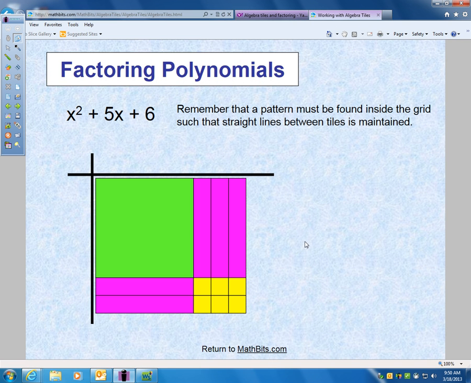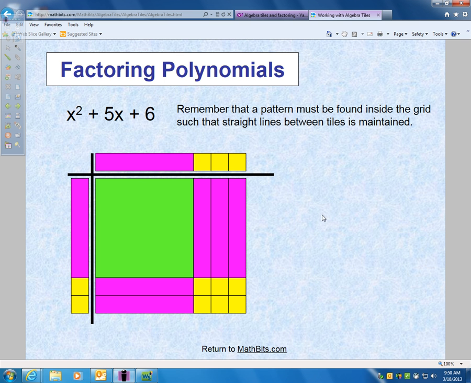As you can see, I need x plus 2 here, x and 2, and up here I need x plus 3. So the proper factoring here, my pen wasn't responding, there we go, would be x plus 2 times x plus 3. You can see it, x plus 2 times x plus 3.